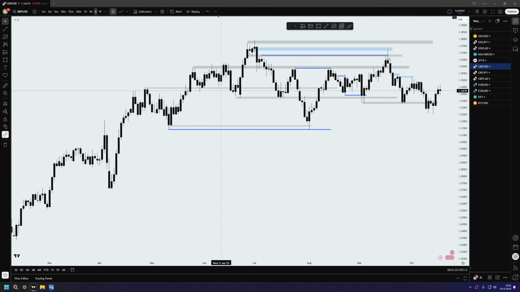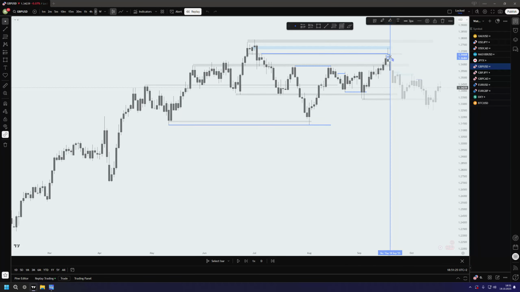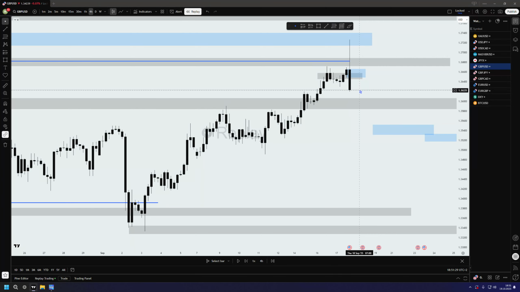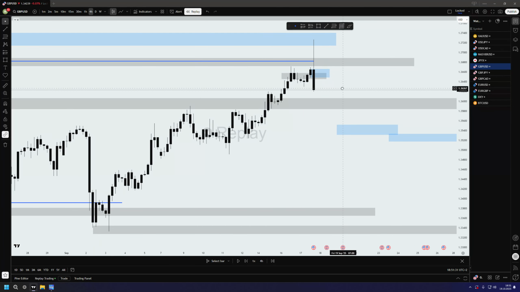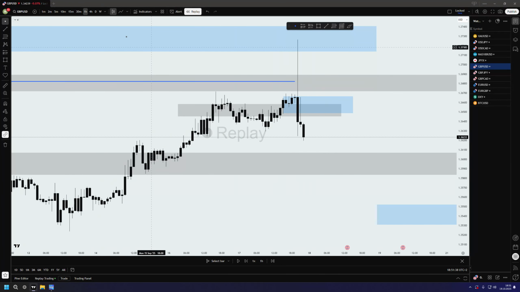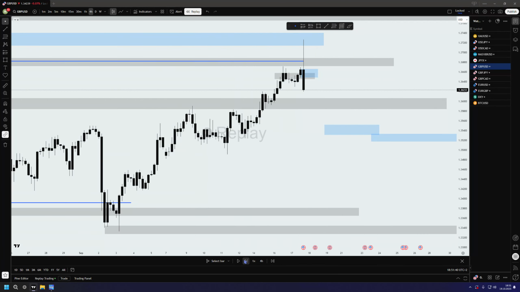So let's say that we've just rejected this price zone. Okay. Rejected. Now there is an EG here.